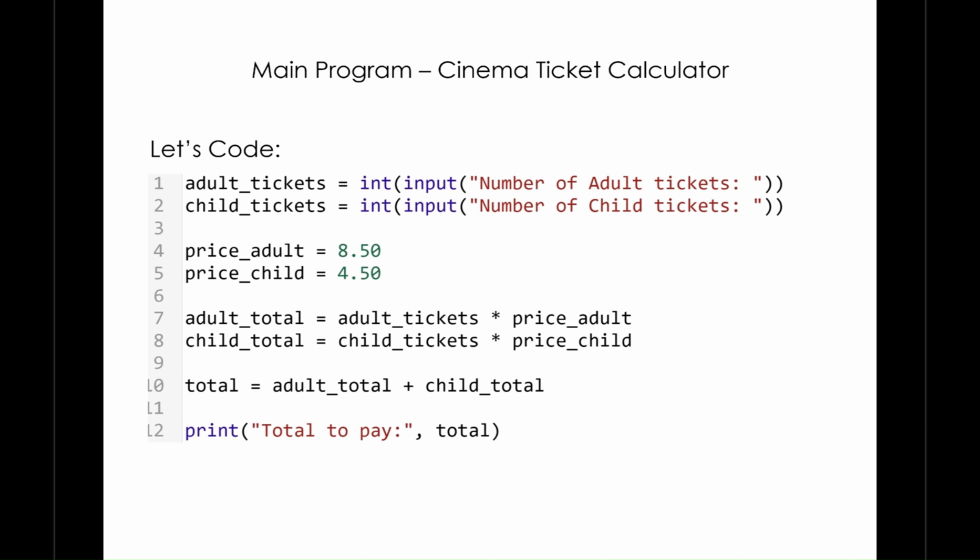And then the child total is taking the child number of tickets and multiplying it by the price of the child, which is £4.50. We create the total by adding the adult and the child total together and then output the total. And here we have multiple variables that have needed to be created to then be assigned to values throughout the program. Let's code.